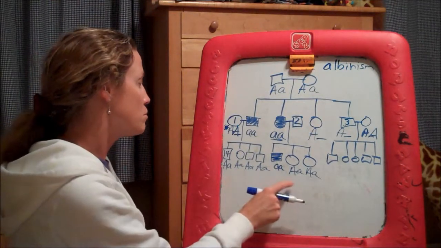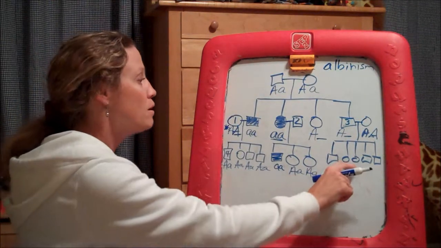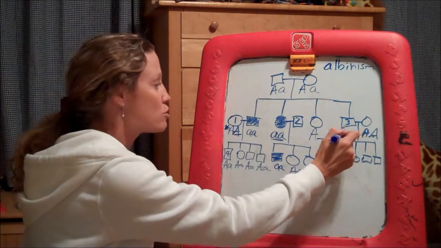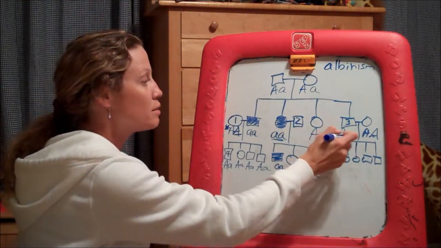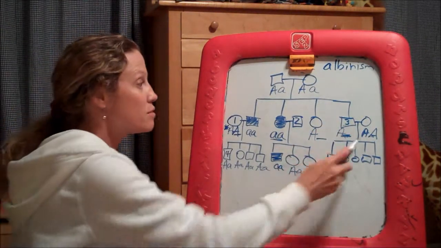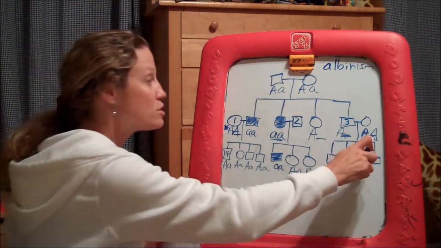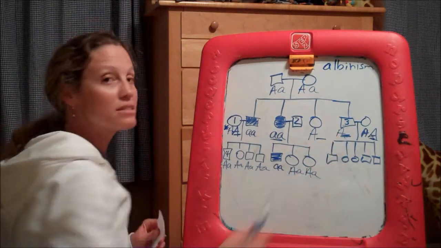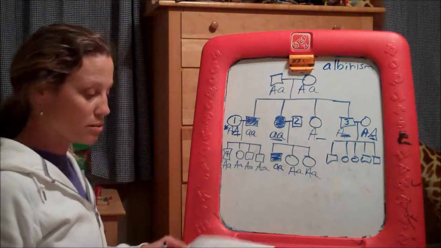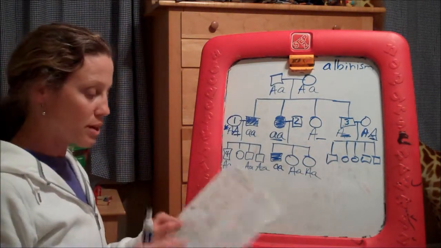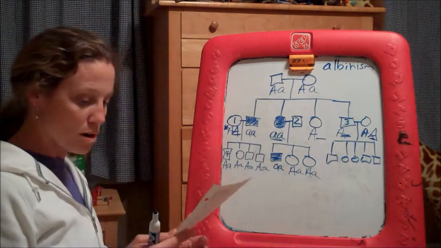Well, that wasn't the one, but this one over here. But anyway, you can't tell for sure. So on the question where it asks about him, we don't know for sure because of the fact that we don't know her situation. If we knew her situation, then we could have at least a better estimate for what he would be. Alright, so that's our pedigree problem.